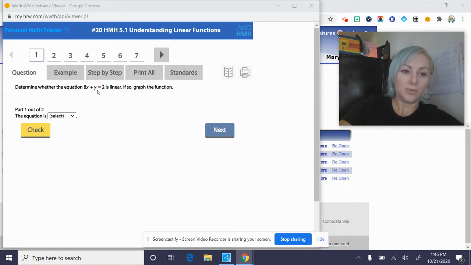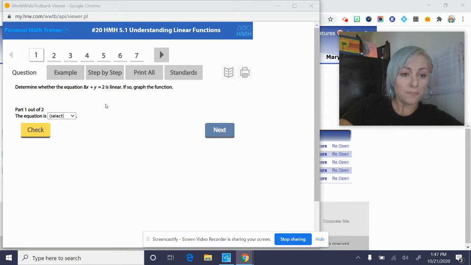So 8x plus y equals 2. This is actually the standard form of an equation, and if you can write it in this form, then it is a linear equation. Notice that the x doesn't have a squared. That would be a big indicator that it is not linear. If you had x squared, that would not be linear. But this is just a regular old x, and then we have a y and a constant on the other side of the equal sign.